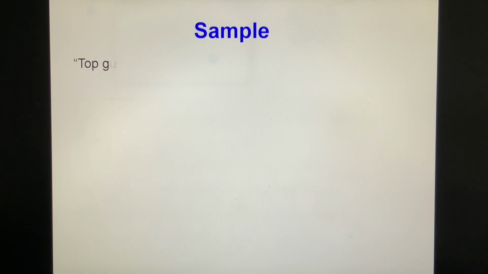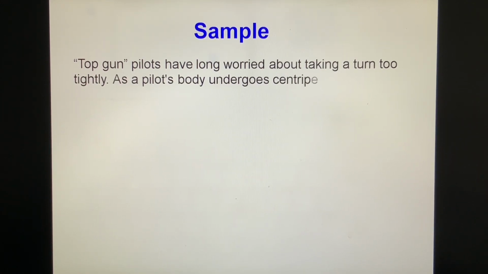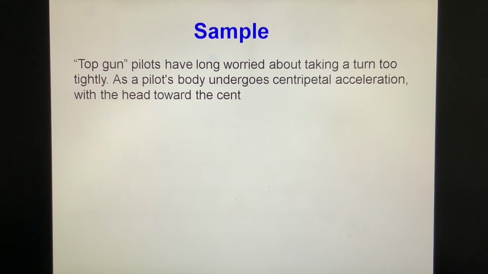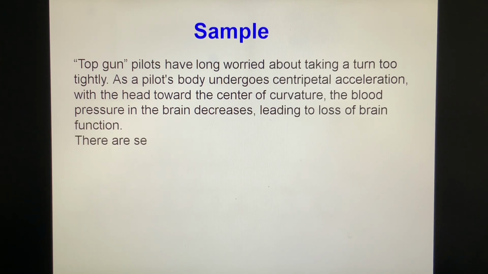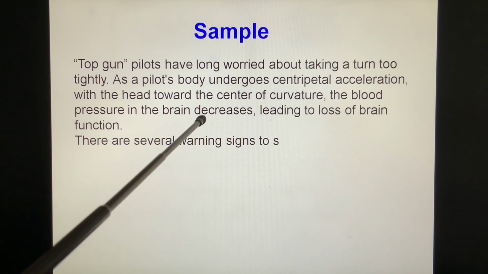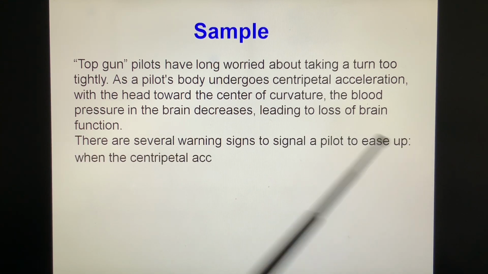Example. Top Gun pilots have long worried about taking a turn too tightly. As a pilot's body undergoes centripetal acceleration with the head toward the center of curvature, the blood pressure in the brain decreases, leading to loss of brain function. There are several warning signs to signal a pilot to ease up.